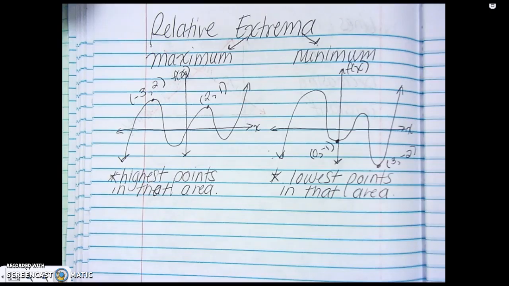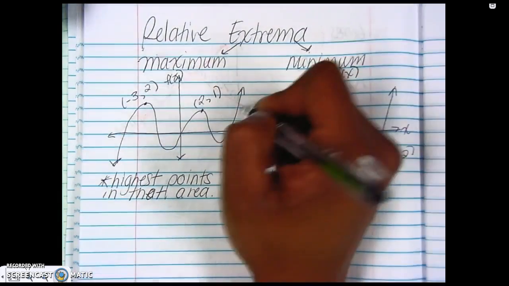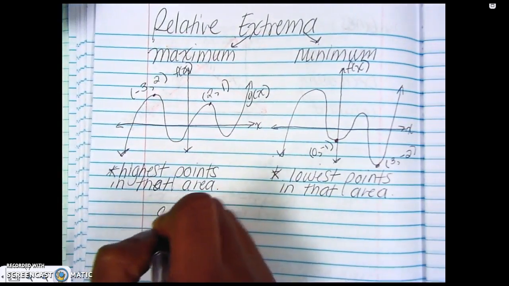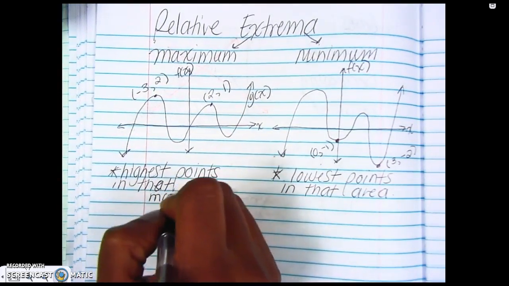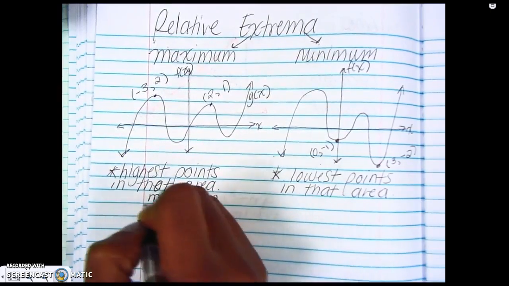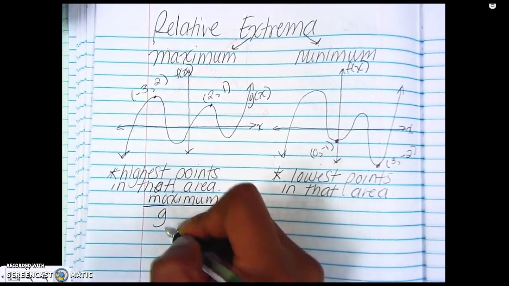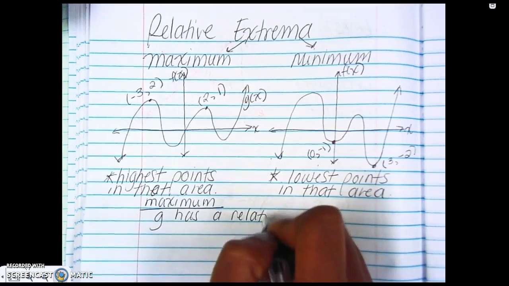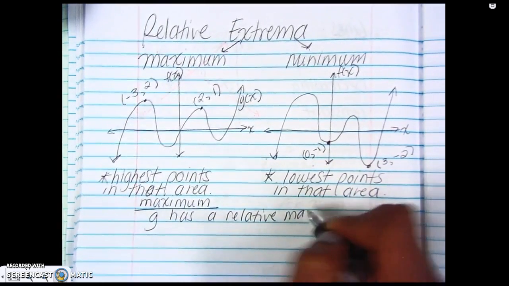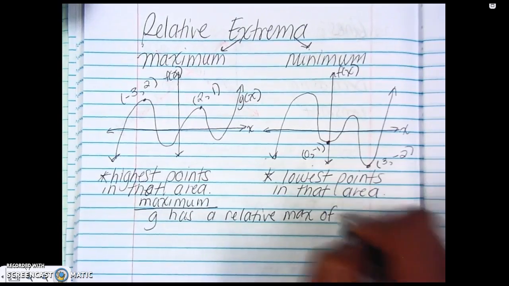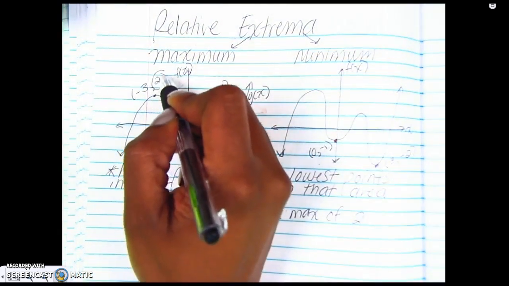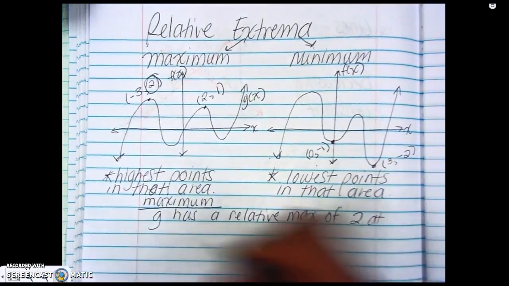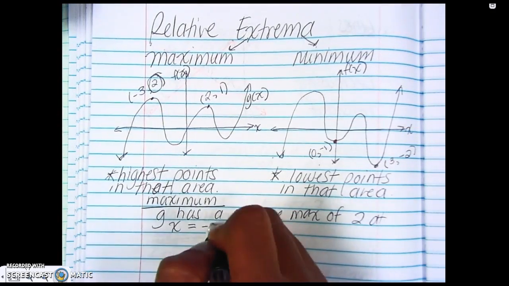Now, the way that you describe it is you say, for this function, let's call this function g of x. Okay, we would say that g has a relative max of 2 at x equals -3.